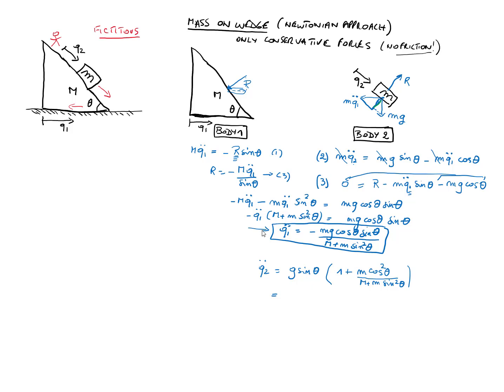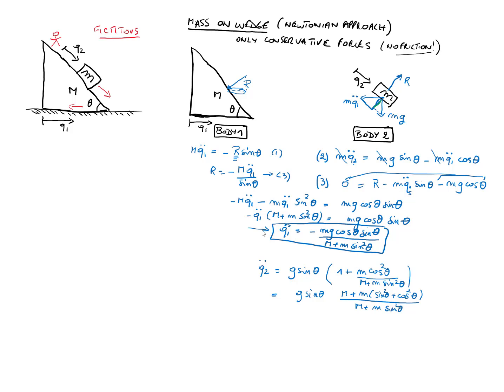So we'll have j sine theta times M plus m sine theta squared plus cosine theta squared, divided by M plus m sine theta squared.